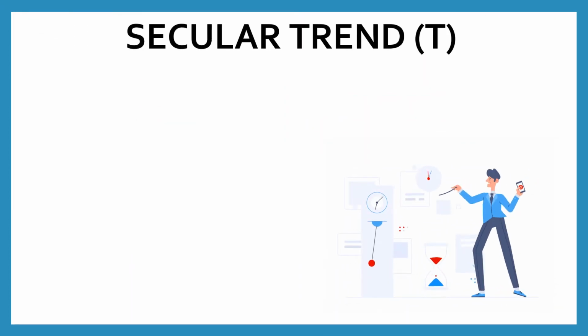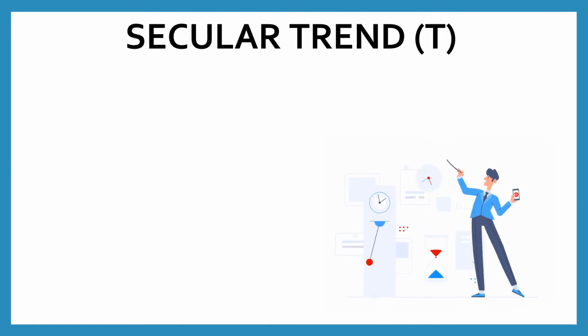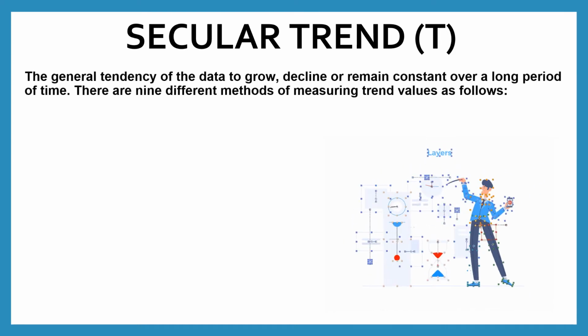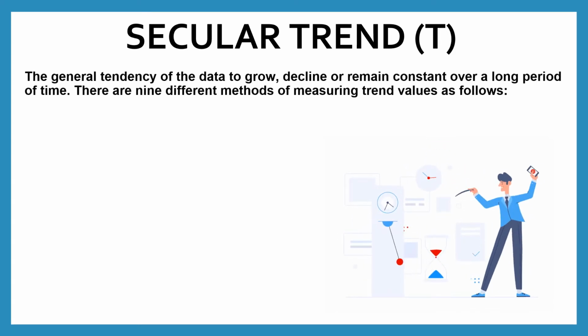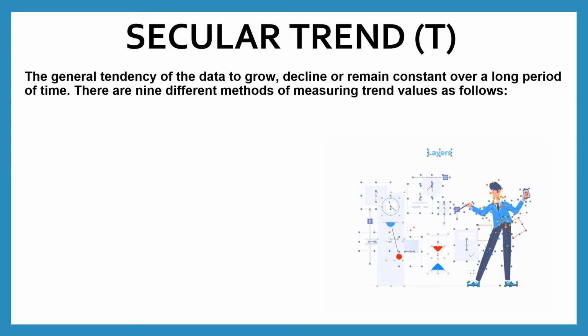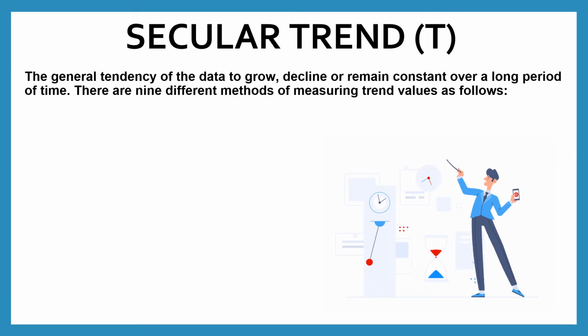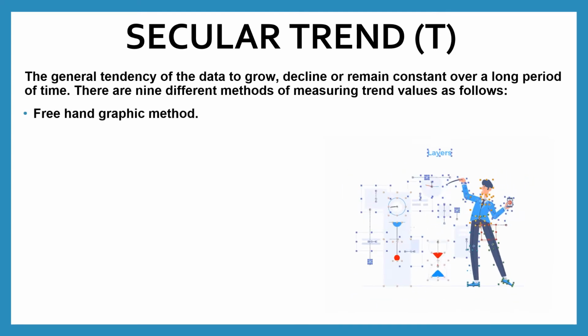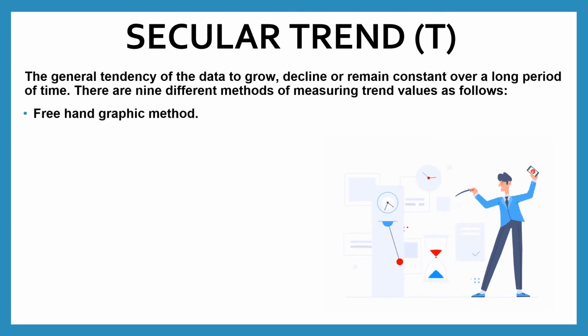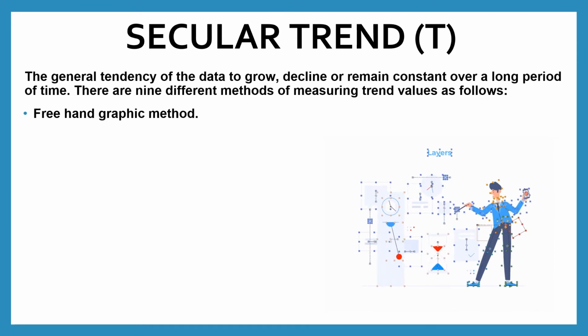Now, secular trend T. By secular trend, we mean the general tendency of the data to grow, decline, or remain constant over a long period of time. There are 9 methods of measuring trend values as follows.